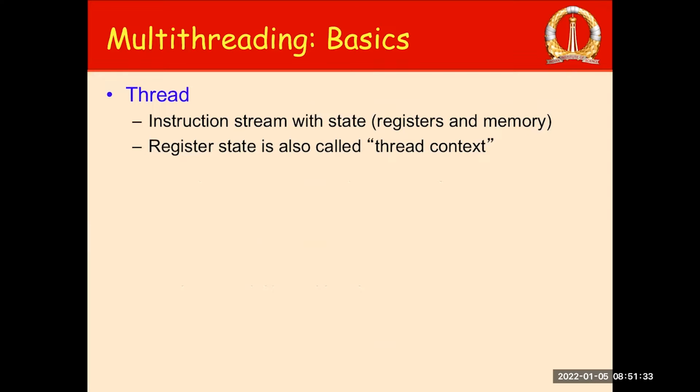For example, if a thread is using a certain number of registers and you want to do a thread switch, what happens to these registers and their values? Do you save and restore them, or what exactly is being done? What about the local variables of the thread? Where are they kept? Will they be retained when you do a context switch and then come back at a later point in time?